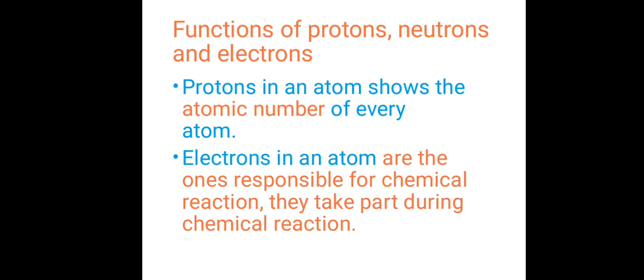There are those which can be transferred from one particle to the other. We shall come to that point. But the function of the electrons in an atom is only to take part in chemical reactions.